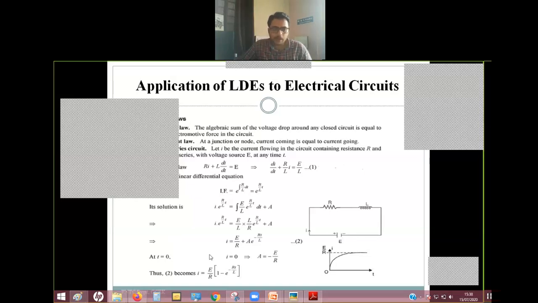At some point of time, let's say at some point t, this will be the amount of current flowing through this RL circuit.